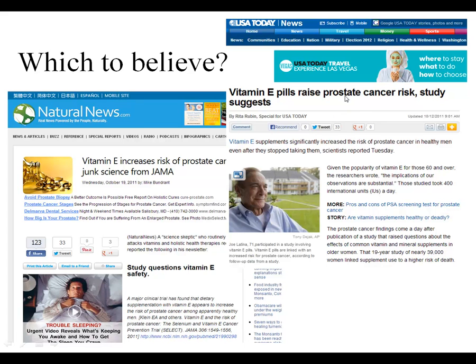It harms prostate health. But then, according to this website here, "vitamin E increases risk of prostate cancer" is junk science. So they go on to talk about how you shouldn't believe this USA Today report, or actually the actual study. So the question is which to believe.